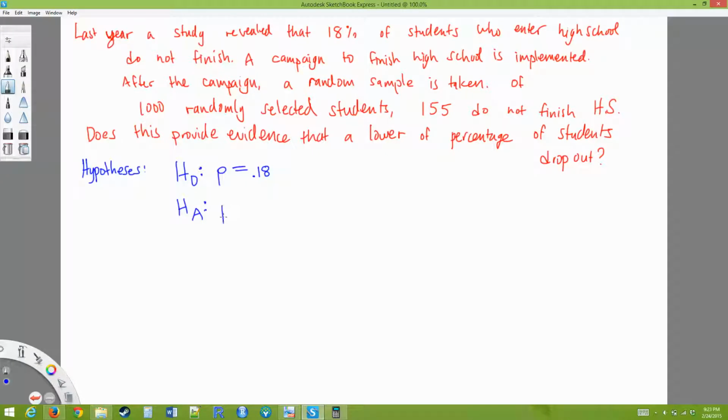So the alternative is that p is less than 18%. A few things to note. In the hypotheses, you use the same number in the null and alternative.